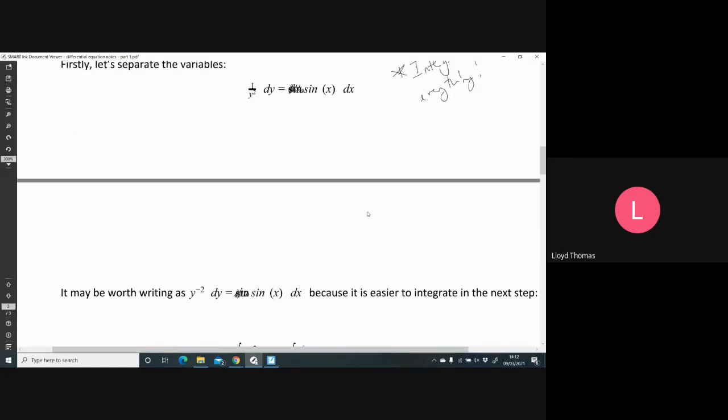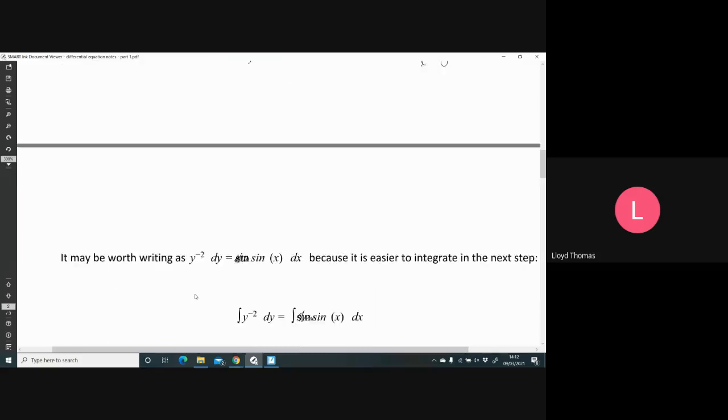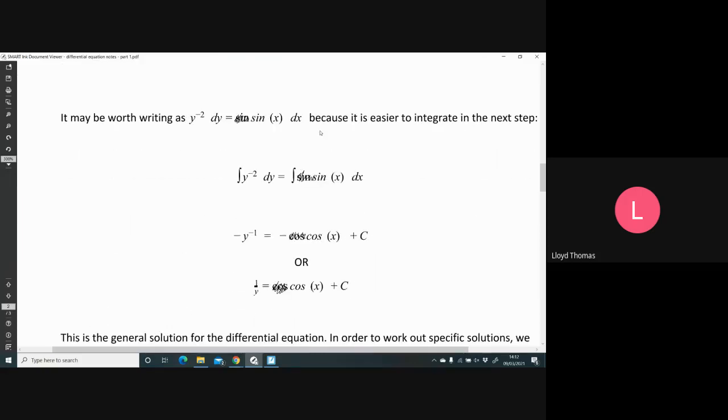Little tip is to say, obviously, you should be used to this by now. Write 1 over y squared as y to the minus 2. So if we are integrating both sides, you end up with minus y to the minus 1, technically again plus c, but we don't need to write it on both sides. Sine becomes minus cos plus c on the end.